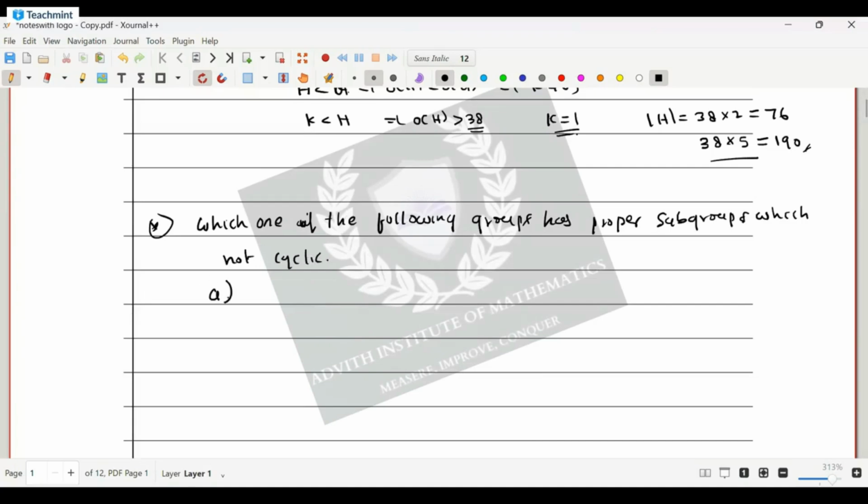Options are: A) Z13 cross Z17, B) S3, that is D3, C) Z under plus, and D) Q under plus.